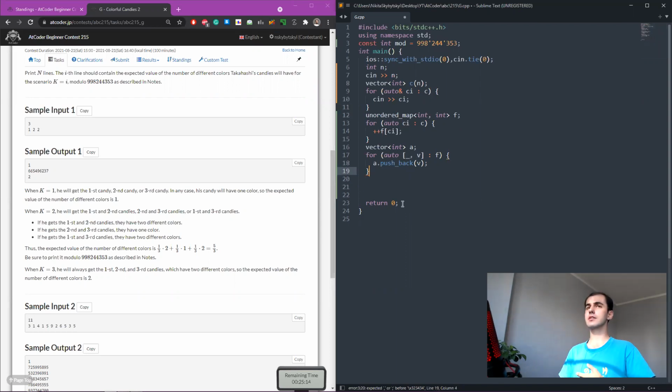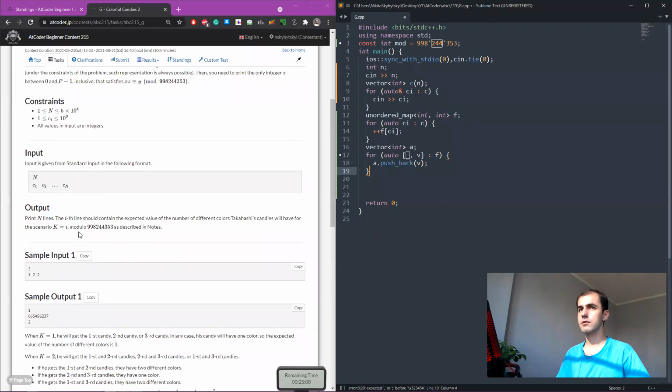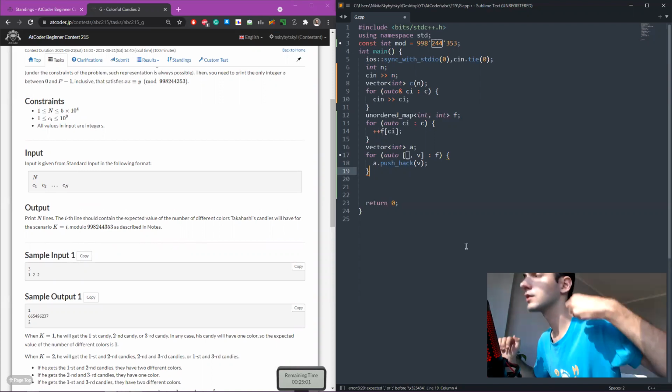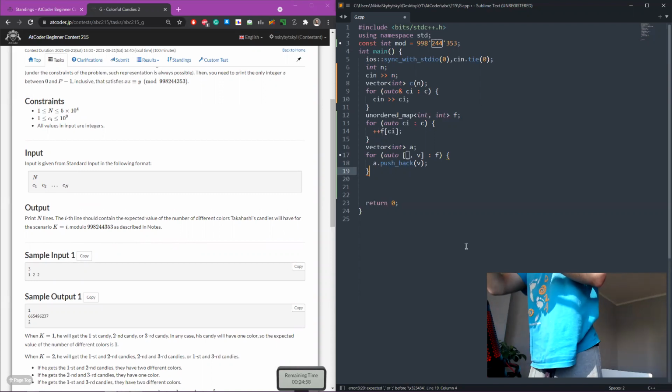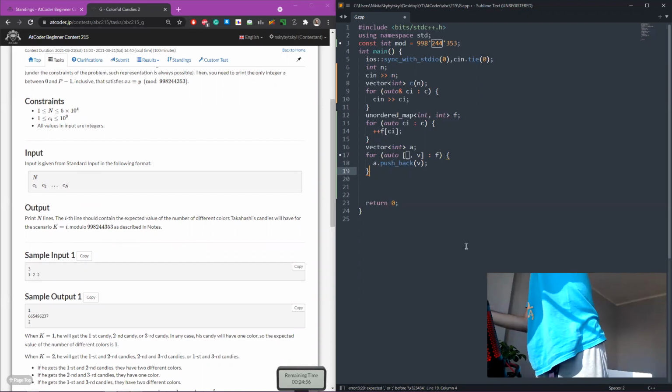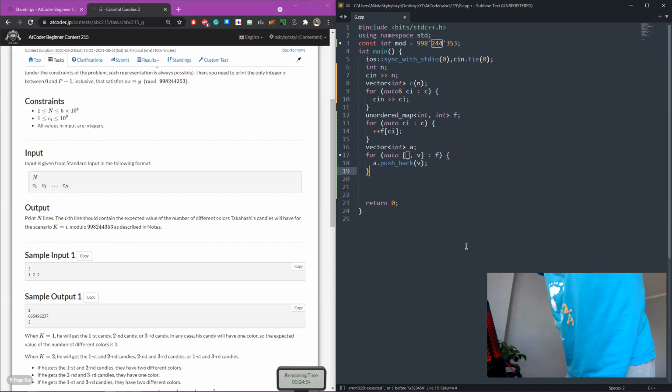Okay, yeah, I figured out the solution that works in O of n square root of n. The square root comes from a very non-trivial reason, which I will explain once I get this annoying sum out of the way.